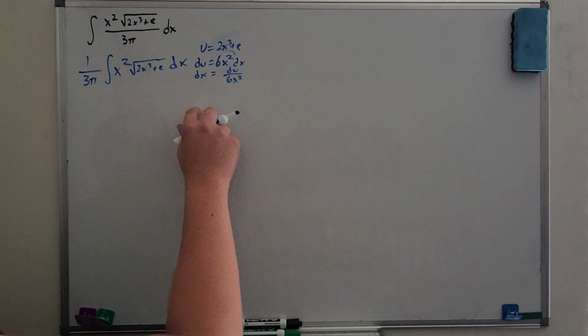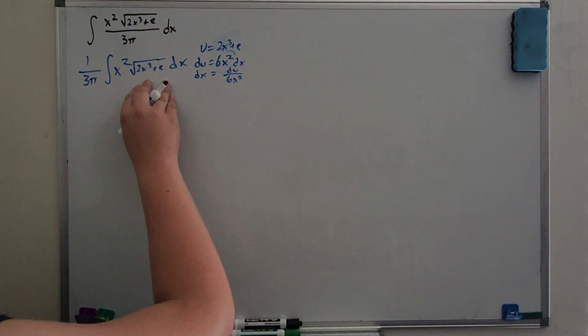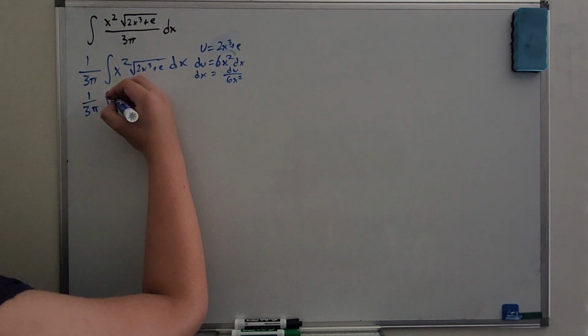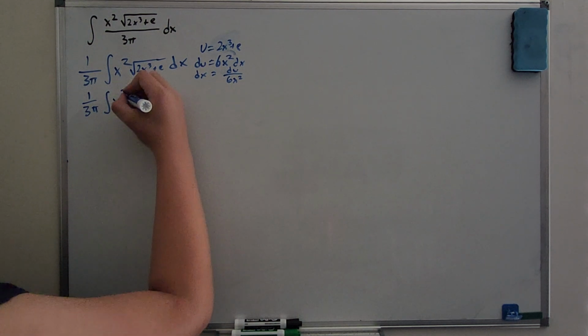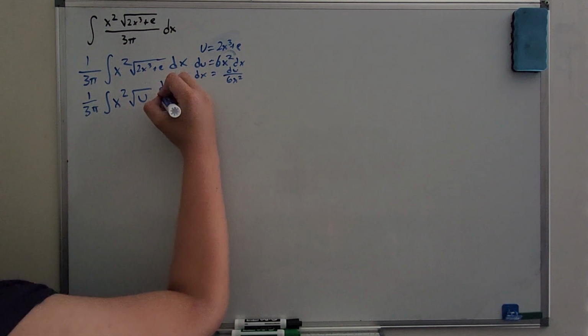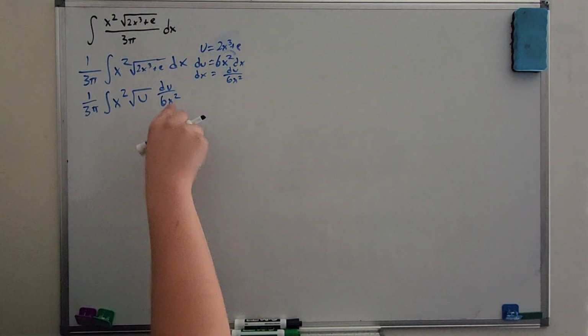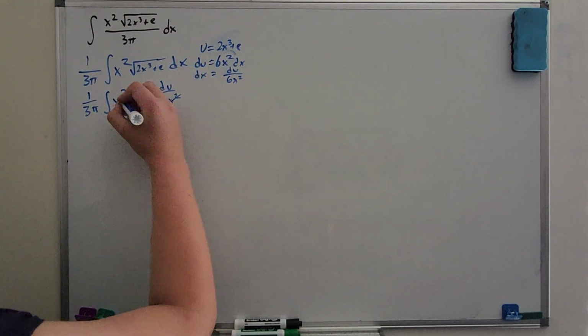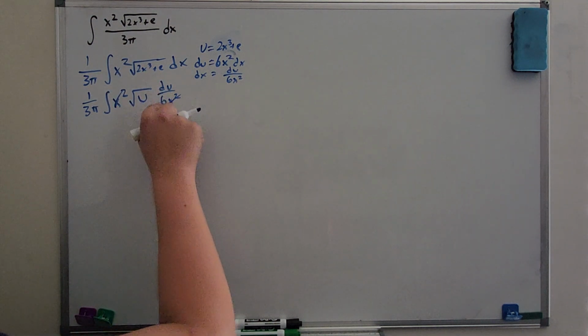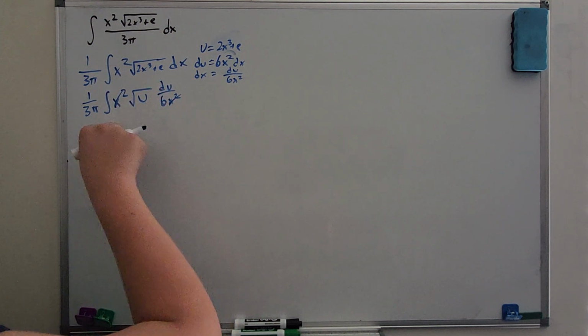So now we can put this in here and replace everything. We'll keep x squared for now, and then we'll do square root of u, then it'll just be du over 6x squared. So x squared and x squared cancel. And then we have this 1/6 right here, so we can bring that 1/6 and put it out here.